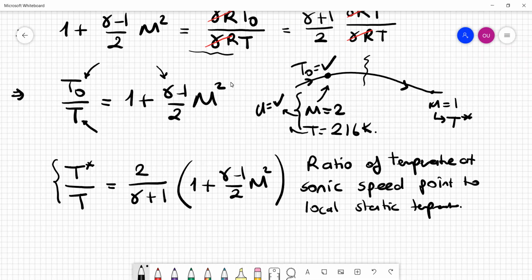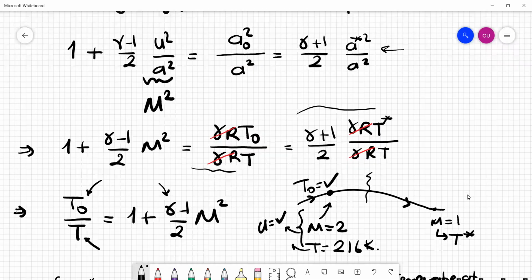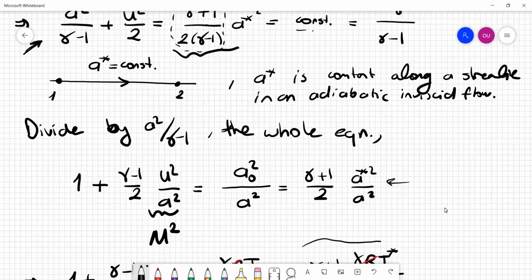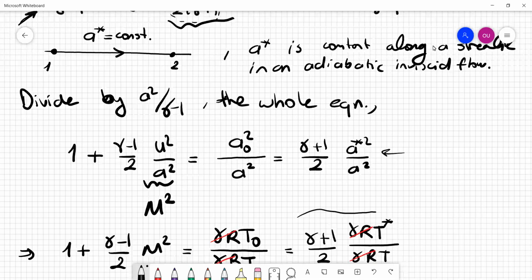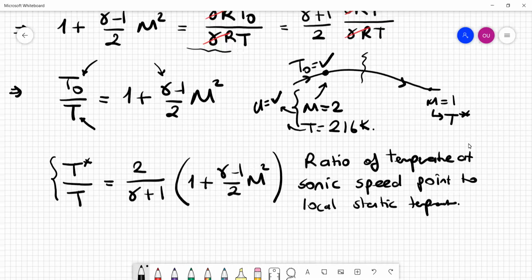Whether there's a shock wave or not, T0 remains constant along the streamline. Going back to our earlier discussions, since A star does not change, T star also is a constant, regardless of whether there is a shock wave between two points in a streamline. So we have two very good reference conditions which do not change with shock waves.